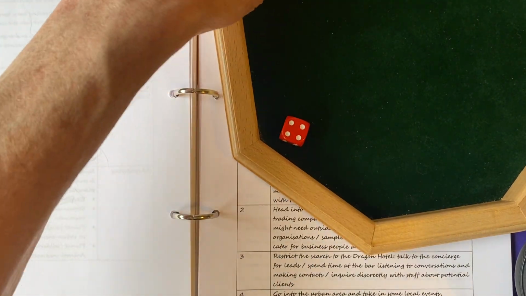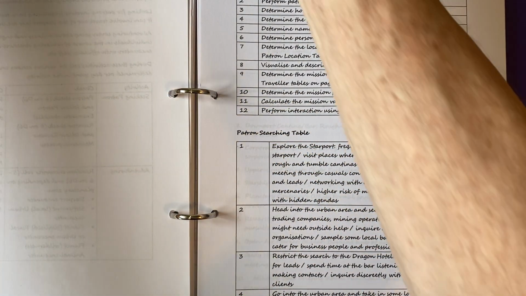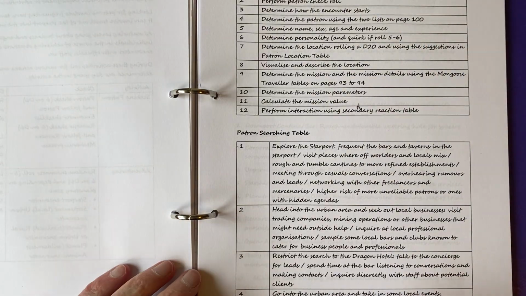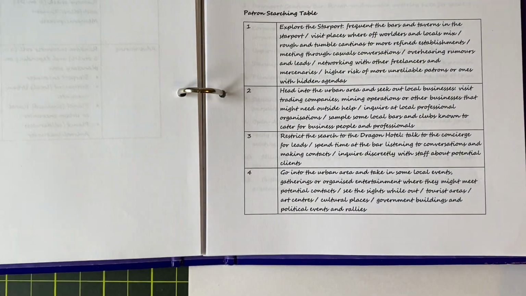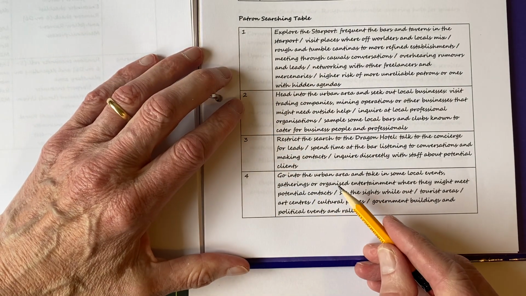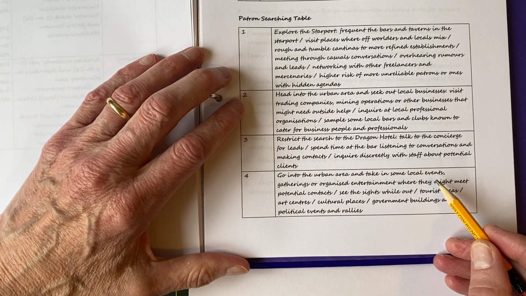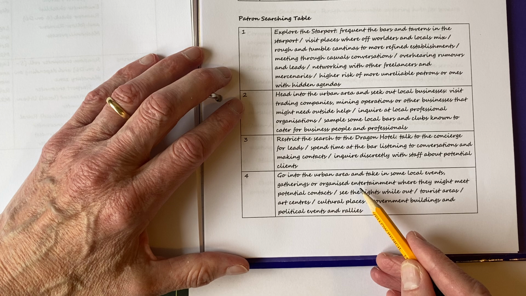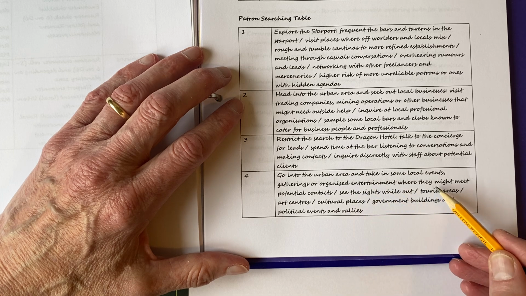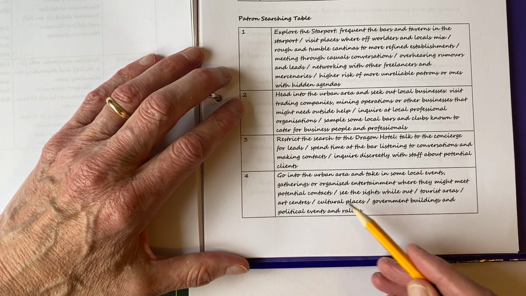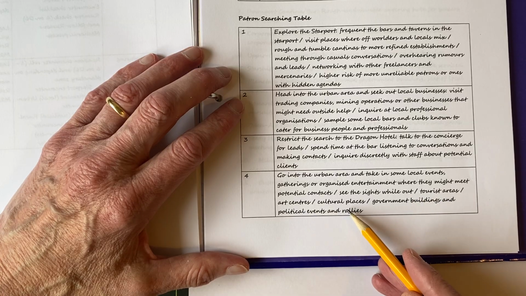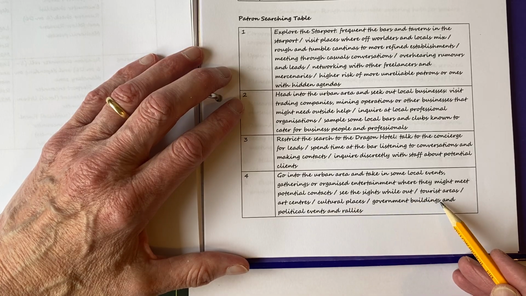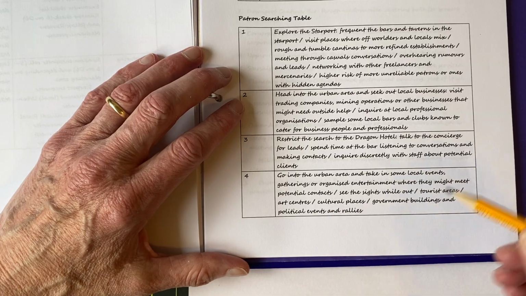Seeing this is such an important roll, we'll do it on camera here. So we've got 4. This determines where we're going to start. Right, okay, that is an interesting start. It says, go into the urban area and take in some local events, gatherings, or organized entertainment where they might meet potential contacts, see the sights while out, tourist areas, art centers, cultural places, government buildings, and political events and rallies.